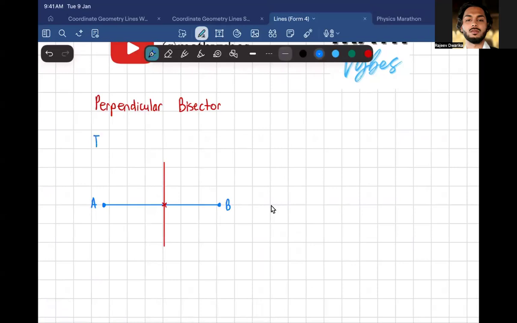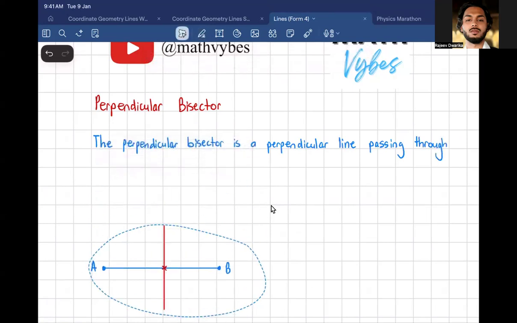So the perpendicular bisector is a perpendicular line passing through the center of another line, right?